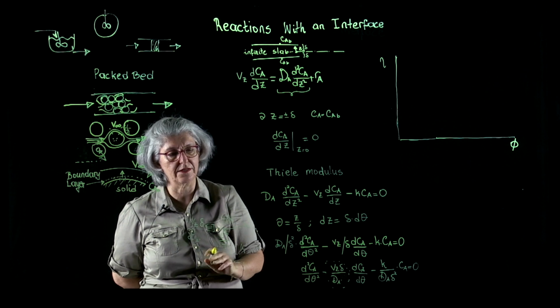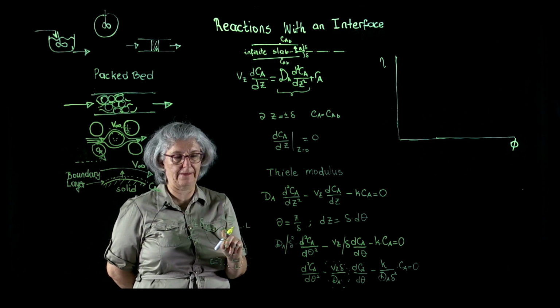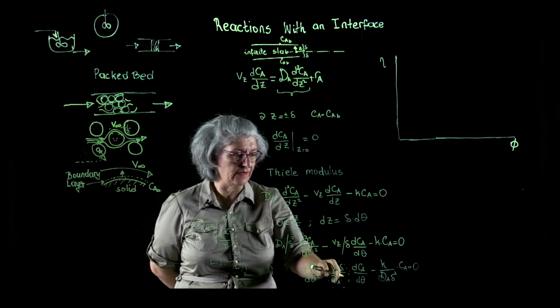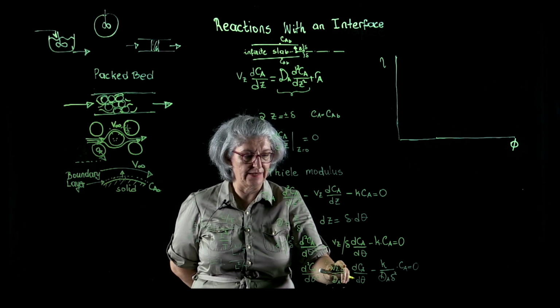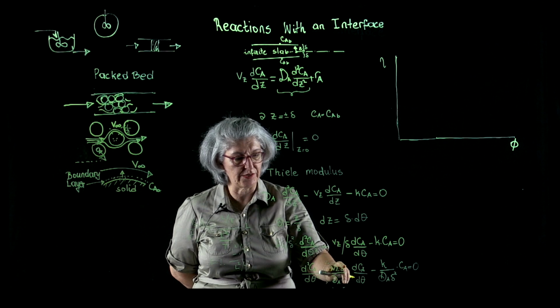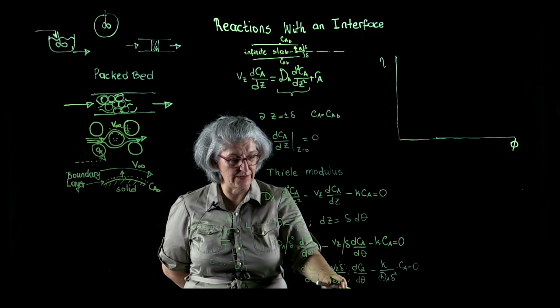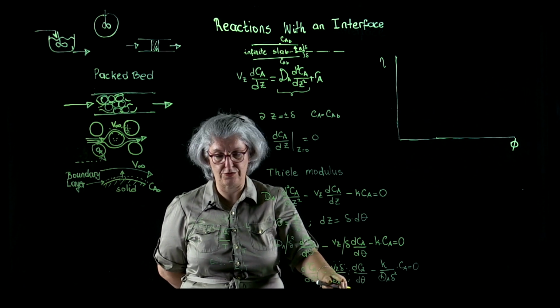There's no dimension. Those length square over times canceled one another. All right? So here, this term is the reciprocal of the characteristic time for advection. This is the characteristic time for diffusion.